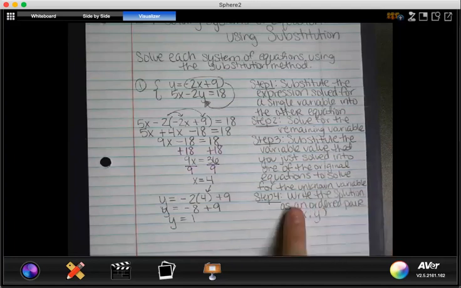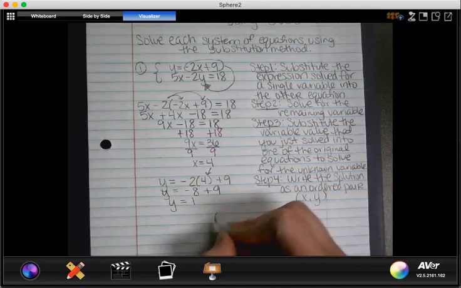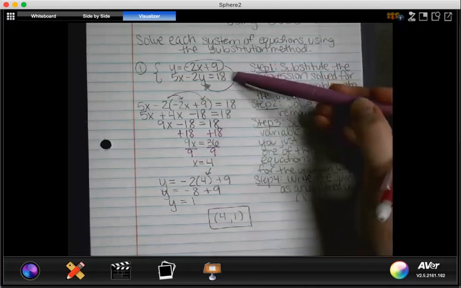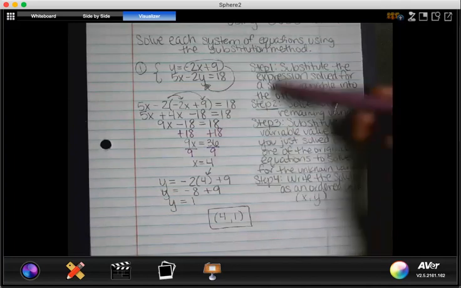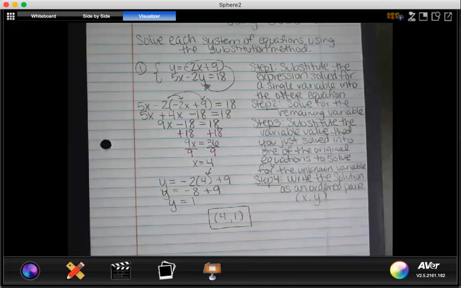So we take our x value and our y value and put them together. My final answer would be (4, 1), in parentheses with a comma. What the answer represents is an answer that works for both the first equation and the second equation, based on our steps of substitution and solving.